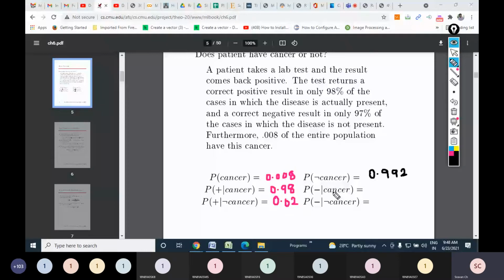But it gives 97% accuracy, meaning for 97% of people it correctly says they don't have cancer. For the remaining 3% of people, who don't have cancer, it says they do. That is a false positive. So 97% and its reverse is 3%, so 0.03.